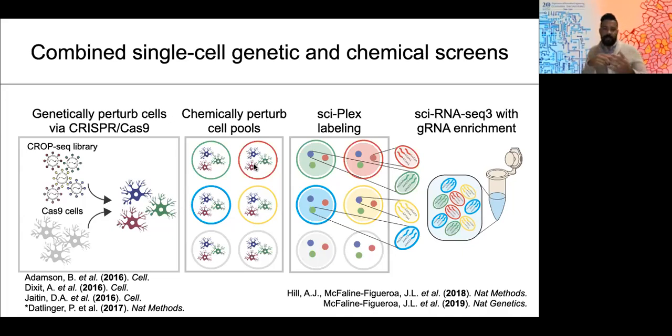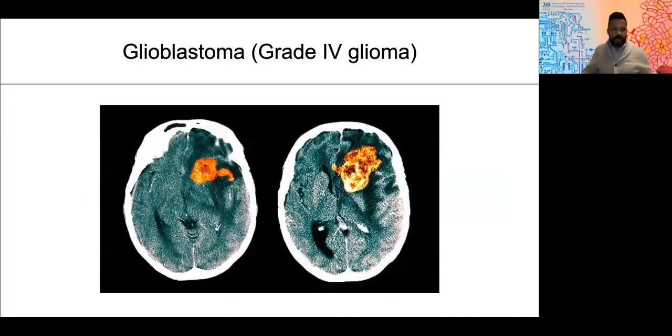And we made a couple of changes to the method in order to get really good identification of the guide RNA that a cell received within the context of this protocol, because there's two pieces of information that we want here, and that is what is the treatment that a cell was exposed to, and what is the guide RNA that a cell received.